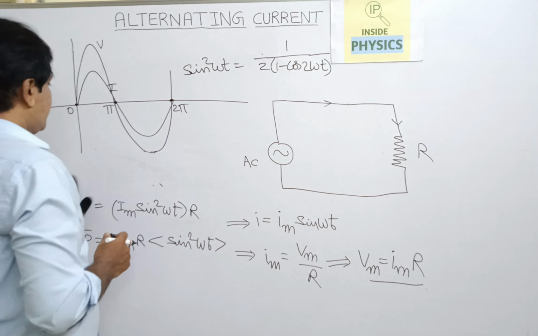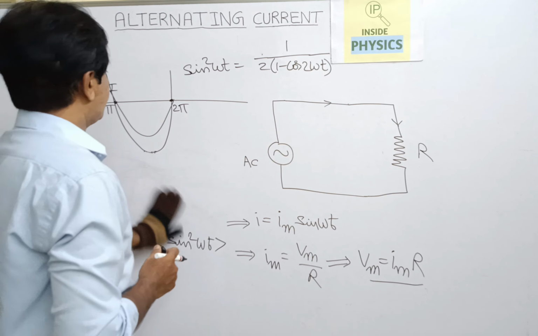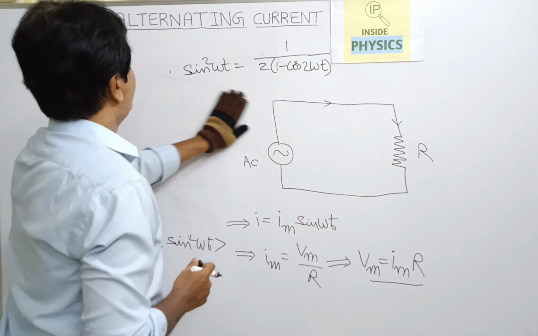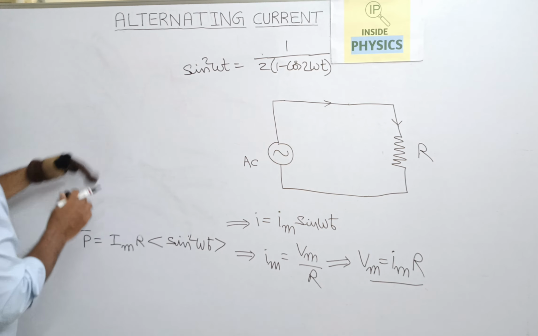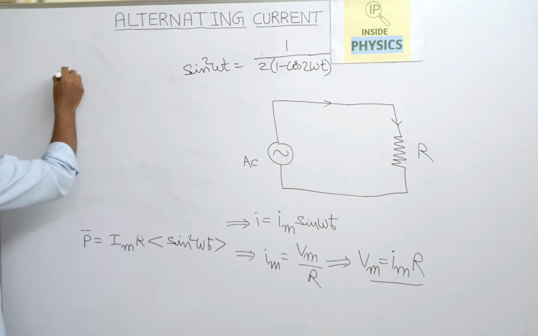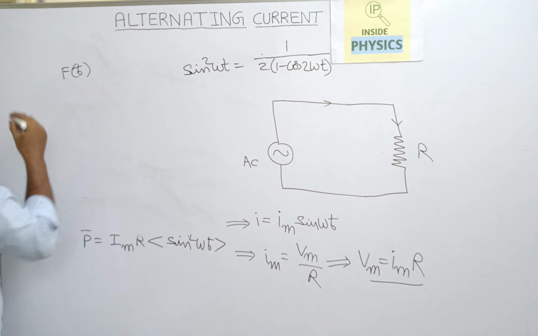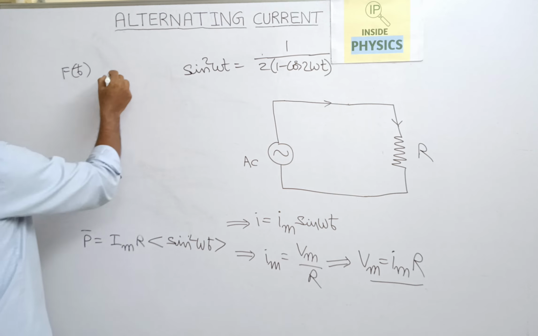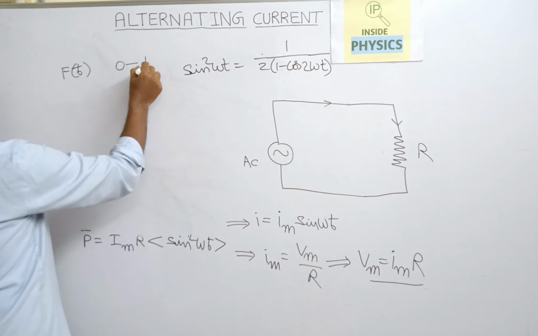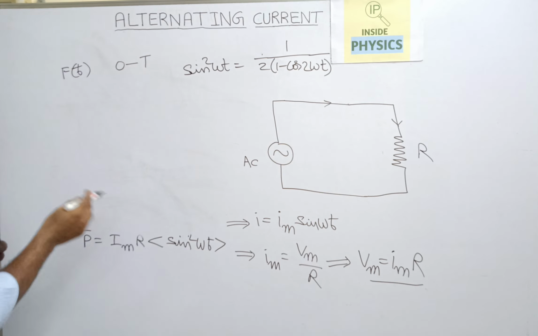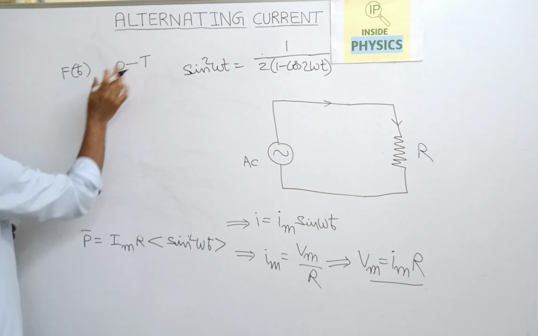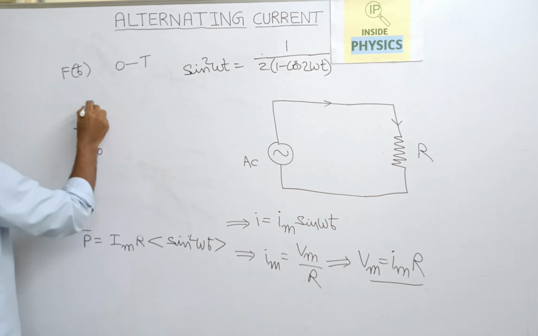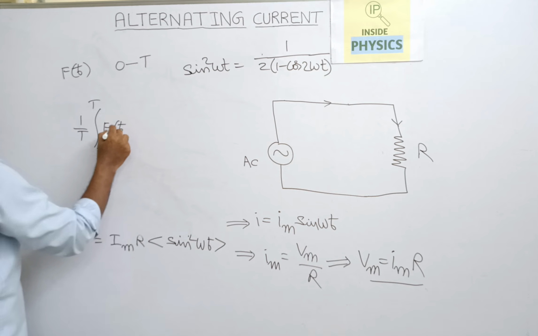If f of t is a function working over the time period 0 to T, then the average of this function in this time limit can be taken as 1 by T times the integration of f of t dt over the limits.